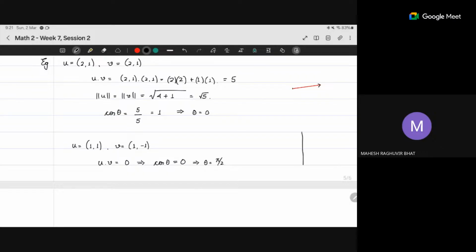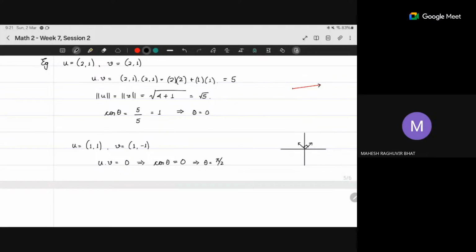And this also you can quickly check by drawing the diagram out. So 1, 1 is somewhere like this. Minus 1, 1 is somewhere like that. Yeah, it's exactly correct. Okay, this is fine because these both are at a 45 degree angle, no? So the angle between them is actually 90.